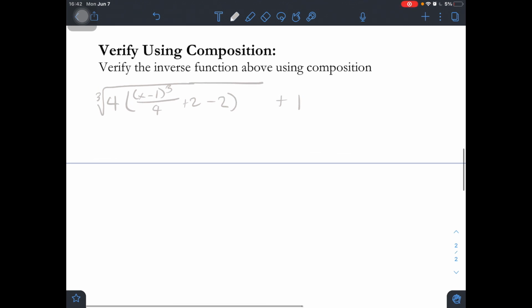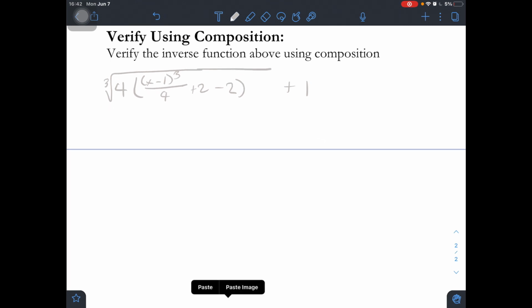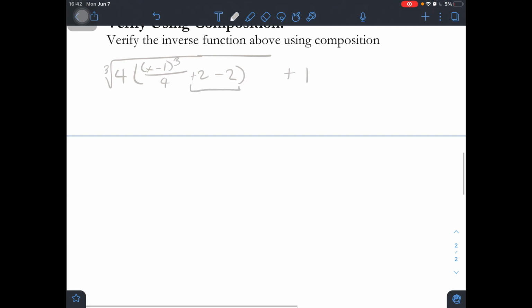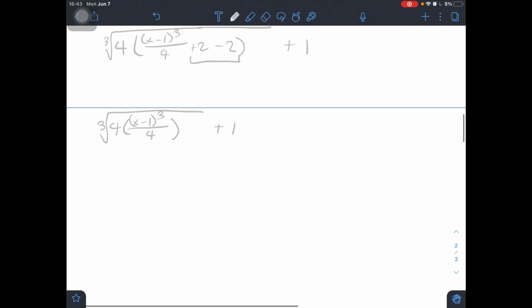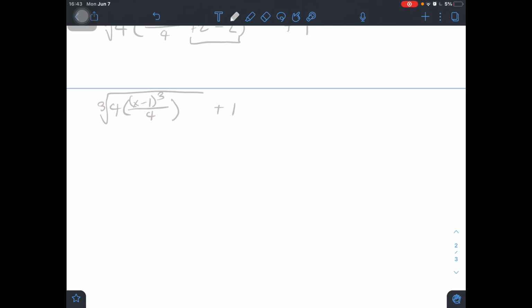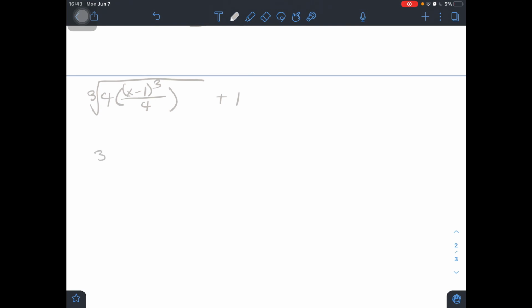Alright. So first, this plus 2 and minus 2 cancel out. So let's just rewrite this entire thing without that. So we would have x minus 1 cubed over 4, and then just plus 1. And now, as you realize, you can multiply this 4 on the top. So you can just multiply 4 times x minus 1 cubed over 4, and then these two 4s cancel out.